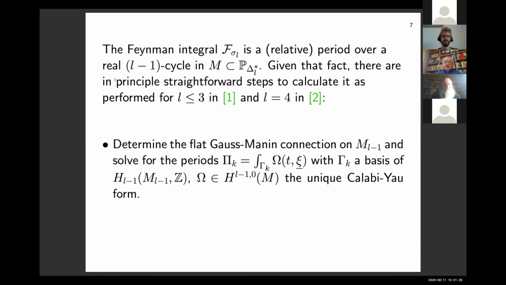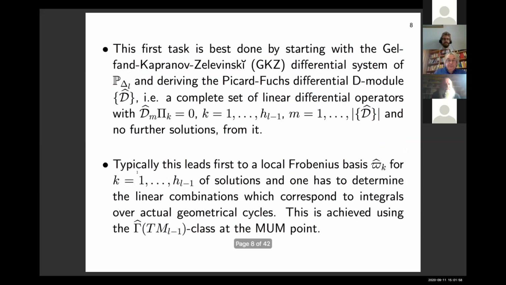And so there are, from our point of view, various straightforward steps. So you first determine the flat Gauss-Manin connection on M_{L-1}, and then you solve for the periods, where gamma_k is a basis of the middle cohomology of this manifold, and omega is the unique Calabi-Yau (L-1)-form, which just exists on any Calabi-Yau space.